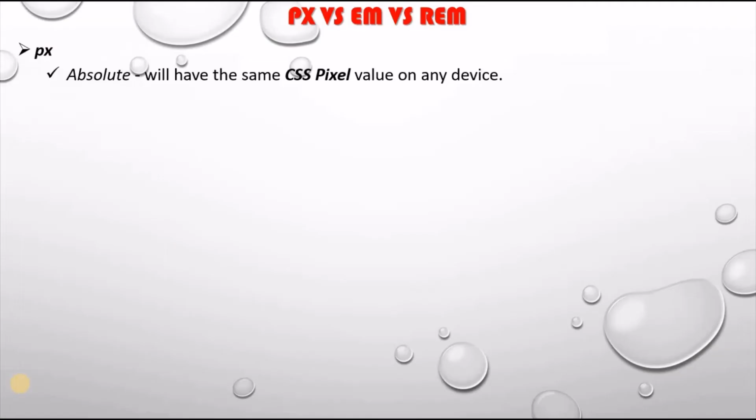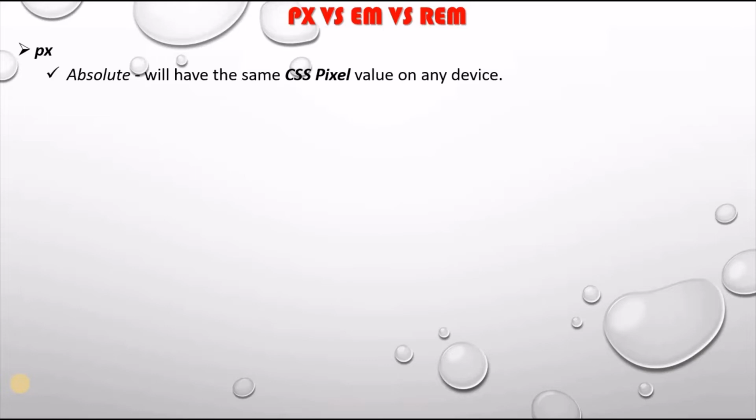Now let's have a brief look at pixels, ems, and rems. I think before we move on, it is good to appreciate that in the browser, every unit is converted to pixels. So whether we use rems or ems, at the end, the browser will convert those into pixels. Right?